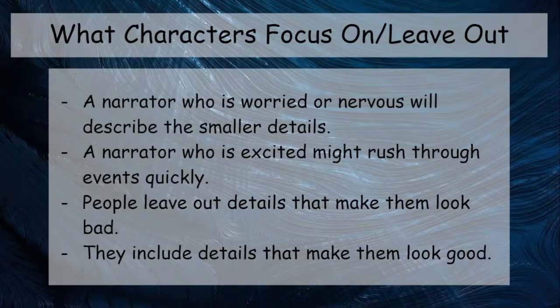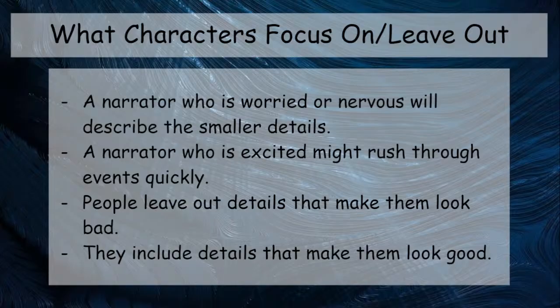Let's also focus on the first part, a narrator who is worried or nervous. If you are worried or nervous, you will focus on the smaller things, right? You'll be more cautious, you'll be more aware. And since you notice the smaller things, you will describe the smaller things when you retell your story. But a narrator who is excited, like when you're really happy and excited, you tend to go through things fast, right?